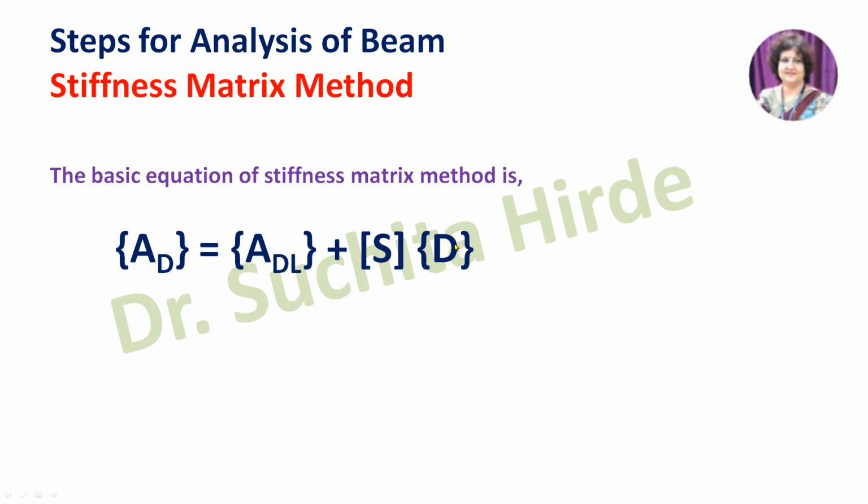So this is a structure stiffness matrix method. There is also one more stiffness matrix method which is called as member stiffness matrix method. So in this video, I will explain you how to solve the problem on sinking of support using structure stiffness matrix method. So let us first understand the meaning of each matrices given in this equation.